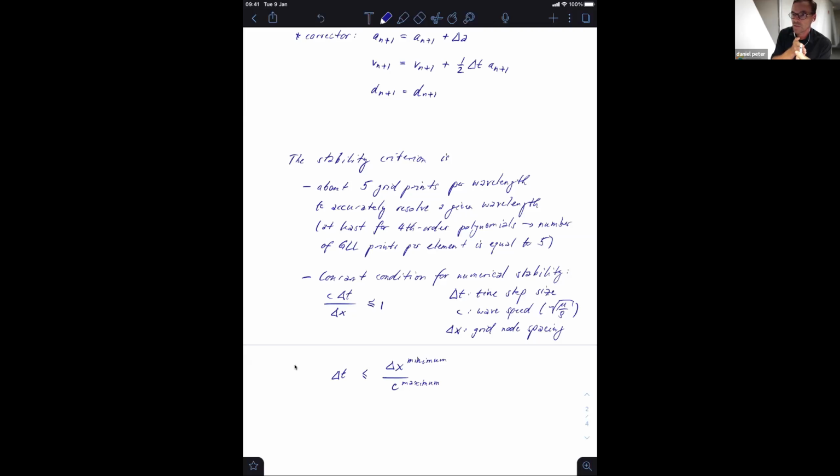It's not necessarily just becoming unstable, but what we see is it's not as accurate anymore. There's a little bit of a gray zone where the scheme starts deviating from the actual solution before it really blows up and goes into the unstable regime.